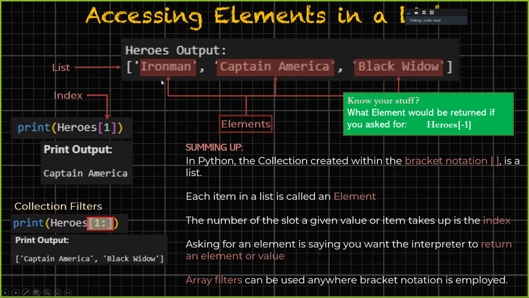We always start at index 0, 1, 2, and so on. If you're asking for an element back, like hero at index number 1, you're saying to the interpreter that you want it to return an element or a value. That's basically what the jargon is. Give it back to me, return this to me.